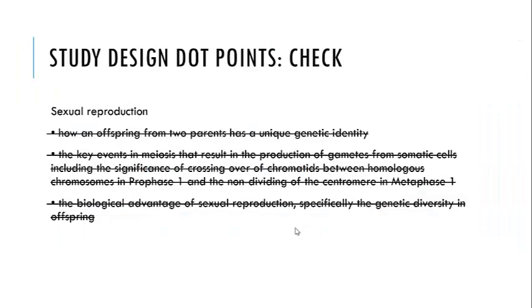So now that we've checked off all of our dot points, you should know how offspring from two parents have a unique genetic identity. That's through crossing over and recombination, remembering those are two separate processes. You should know the key events in meiosis that result in the production of gametes from somatic cells, including the significance of crossing over of chromatids between homologous chromosomes in prophase 1, so that's where we get that unique genetic identity, and the non-dividing of the centromere in metaphase 1.